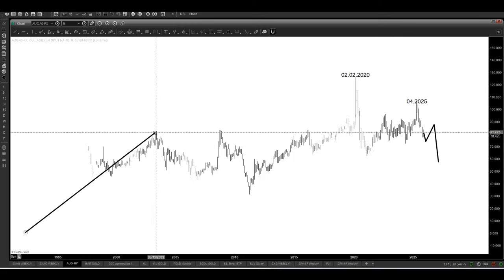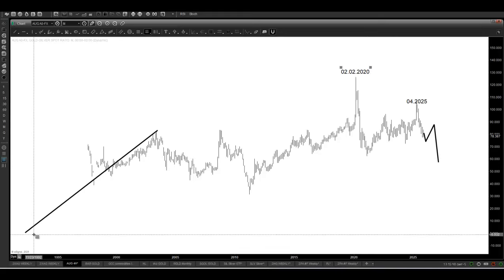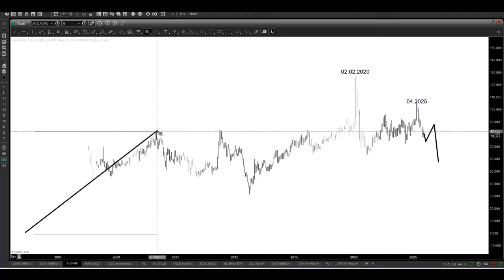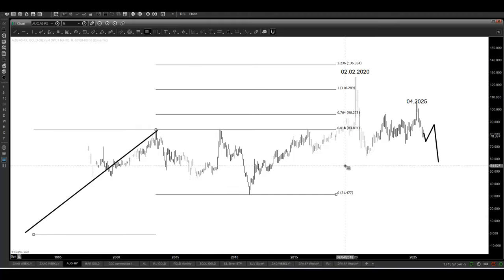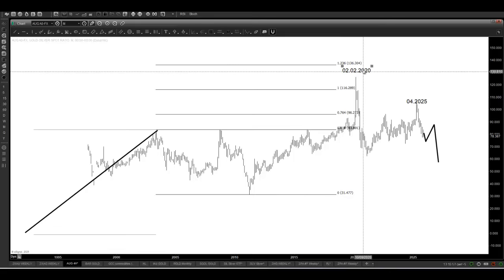You got a wave one ending here, and then 3 waves put back and another leg higher. From 0 to these highs, the ratio reached the 100% extension. And since the peak in 2020, my bad, what's happening is that the ratio turned in favor of silver.